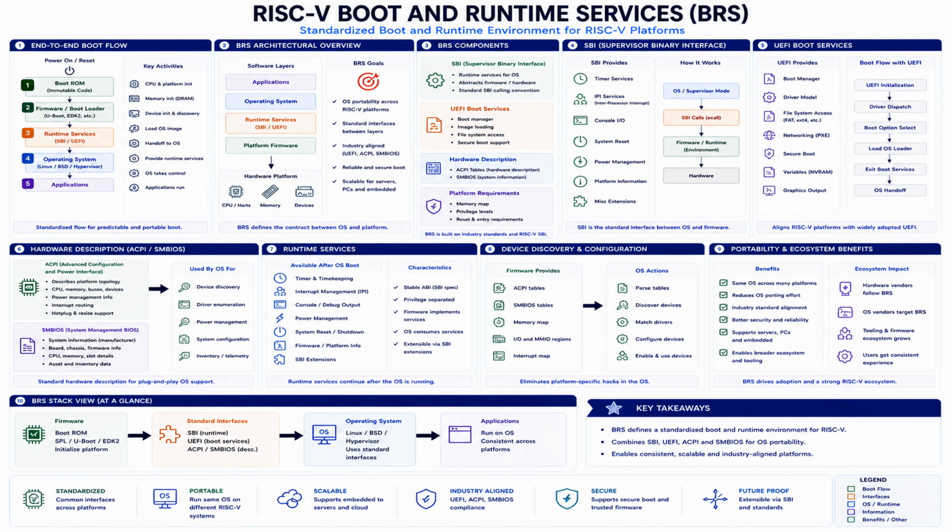The third piece is precise reset and entry conditions, so the system can recover gracefully and start in a known state. In a single sentence, the BRS ecosystem combines runtime services, boot time capabilities, and comprehensive hardware description standards into a cohesive, secure, and portable platform.